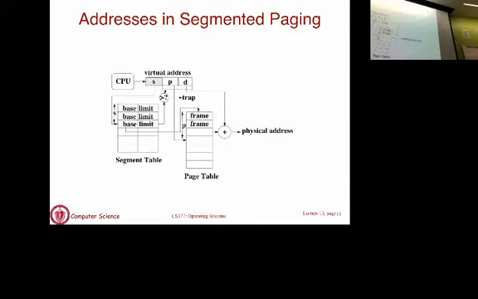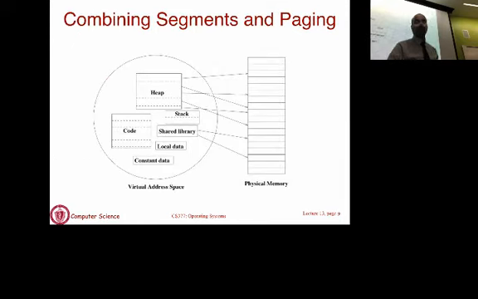Yes, question. When you go to the segment table, you compare the limit register with the offset within the segment. That tells you whether the number you generated is going to be greater than the size of the segment. You're trying to make sure that your address is not greater than the size of this segment itself, just as you did in dynamic relocation.